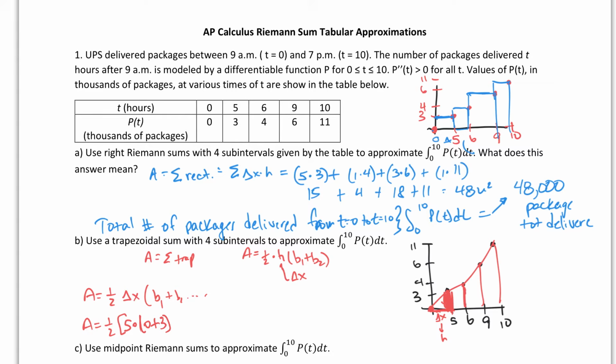So the next one has a width of 1, and my 2 bases are 3 and 4. 3 plus 4. Then the next one has a width of 3, and my 2 bases are 4 and 6. And then the next one has a width of 1, and my 2 bases are 6 and 11.